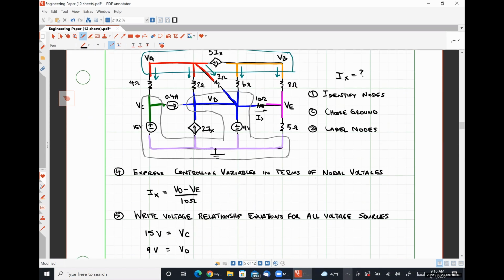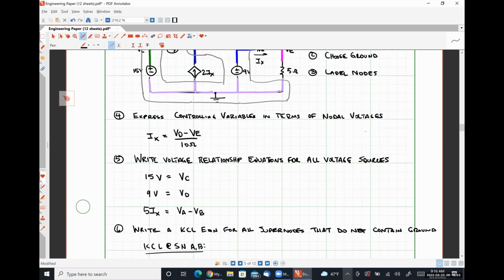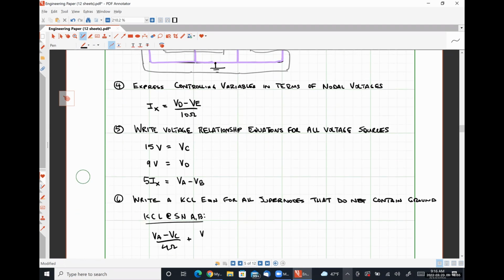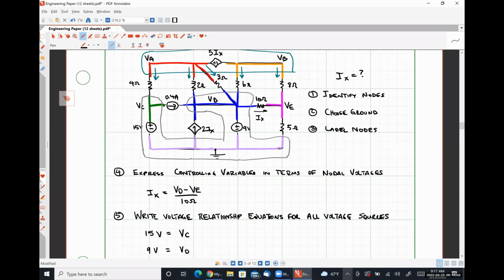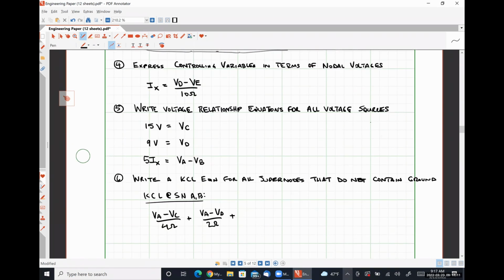What's that going to be? VA minus VD over 2 ohms. Absolutely correct. The current flowing diagonally down through the 3 ohm resistor. VA minus VD over 3 ohms. Absolutely right.